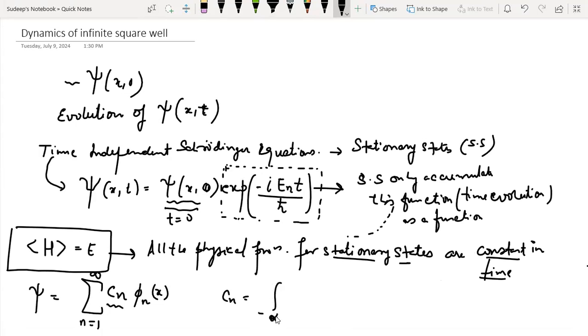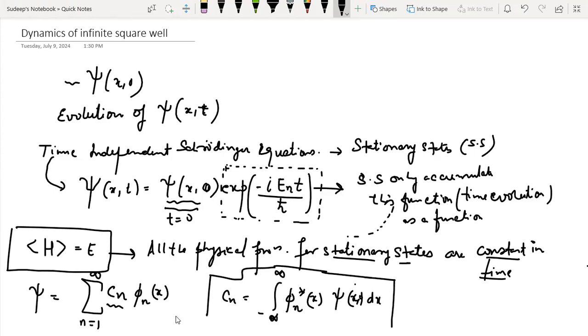In general, Cn can be written as the integral from minus infinity to plus infinity of phi n star(x) psi(x) dx, and at time t equal to 0 it is found the same way. I have done all these things in greater detail in the lectures. I'm just revising it so that you can understand the context I'm building right now.